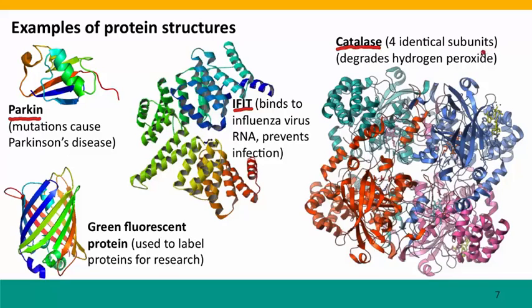It's got 4 identical subunits, so I can't really circle them because each subunit is entangled with the others, making many interactions. So the sort of turquoisey subunit, these are identical, they're colored differently so you can see what they're doing.